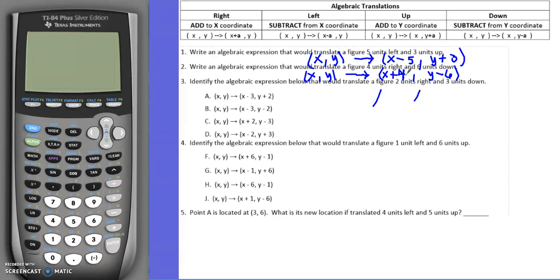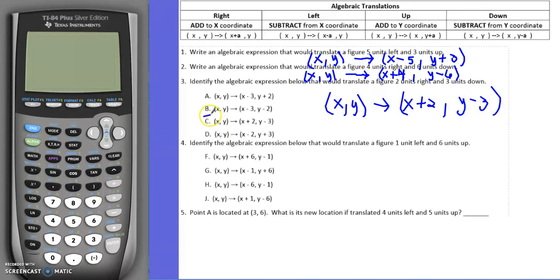So identify the algebraic expression that would translate it 2 units to the right and 3 units down. So if we start off with the ordered pair, 2 units right would be x plus 2, and 3 units down would be y minus 3.